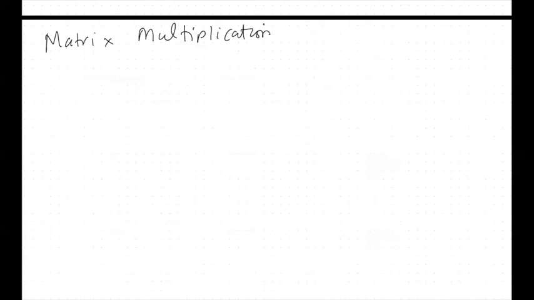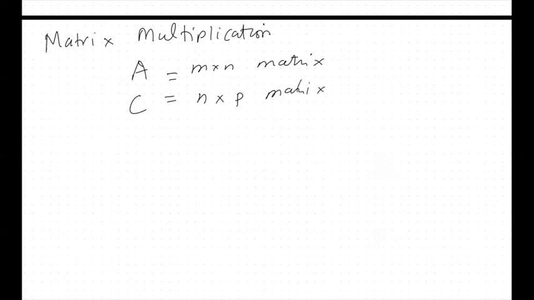If we have A, an m by n matrix, and C, an n by p matrix, note that the n here and here should be the same.